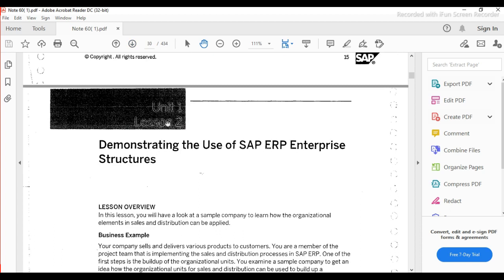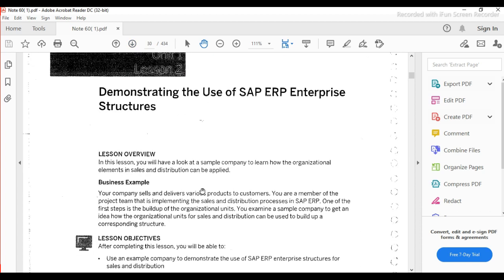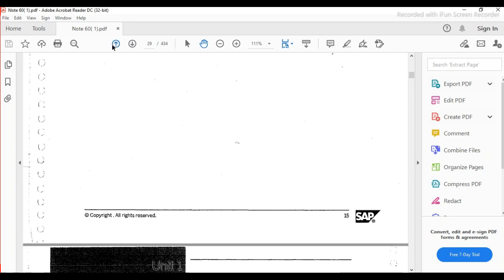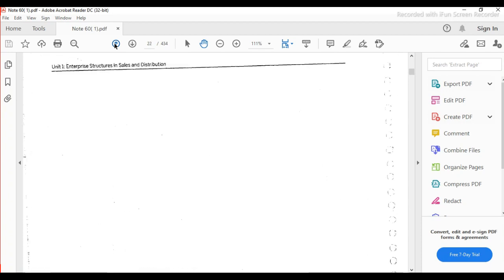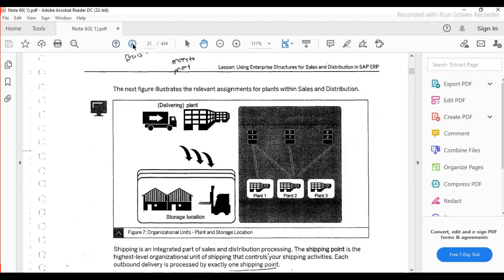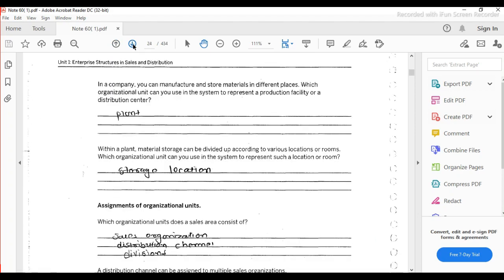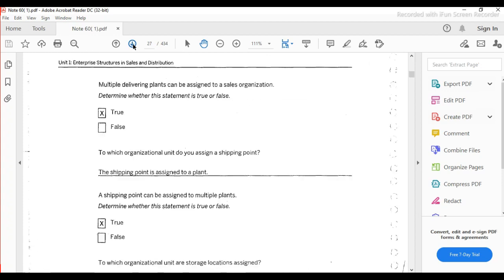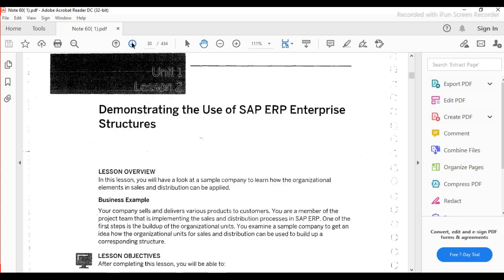Then we have unit 1, lesson 2, which is demonstrating the use of the SAP ERP system. Whatever organizational units we have studied in this unit 1, we will see demonstrated in the system in the next video, where we will create the enterprise structure in the system.